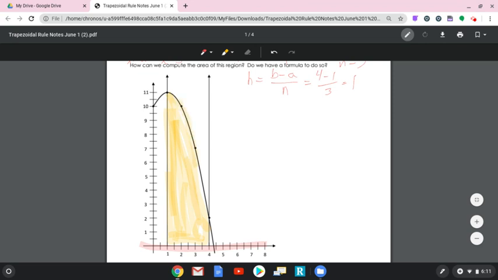I want my height to lie along the x-axis, and I want each trapezoid to have a height of 1.